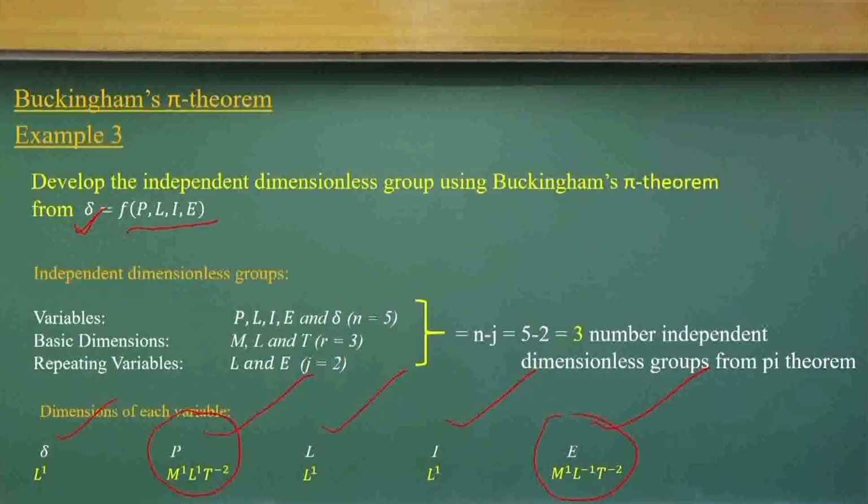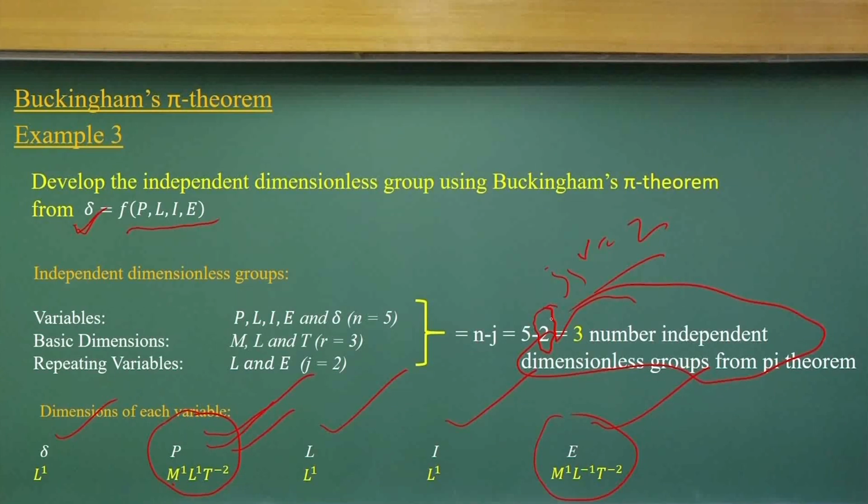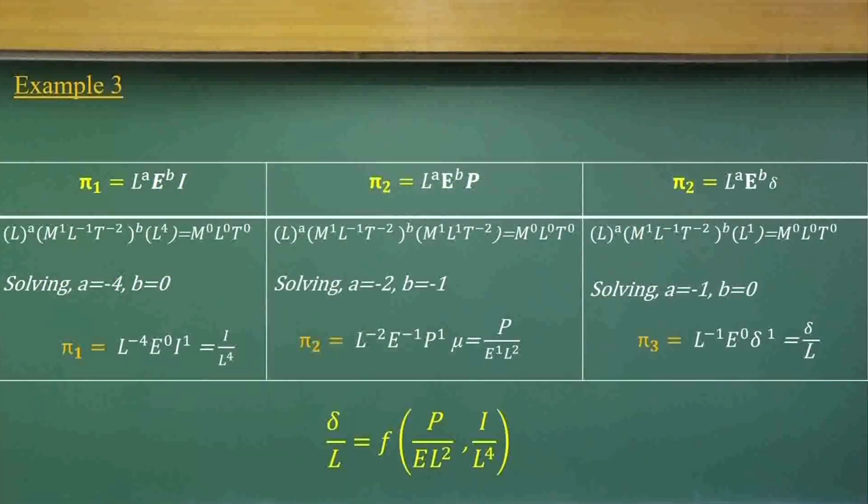So instead of 3 we use 2, and you will consider j equal to r equal to 2. So you will make 3 independent dimensional groups from the pi theorem. That is the difference.